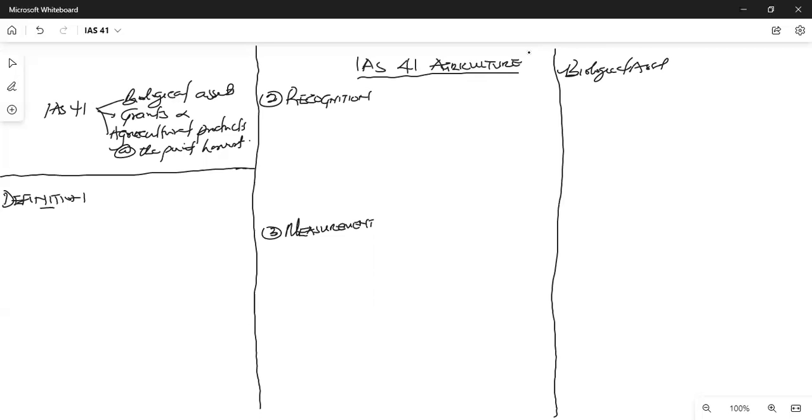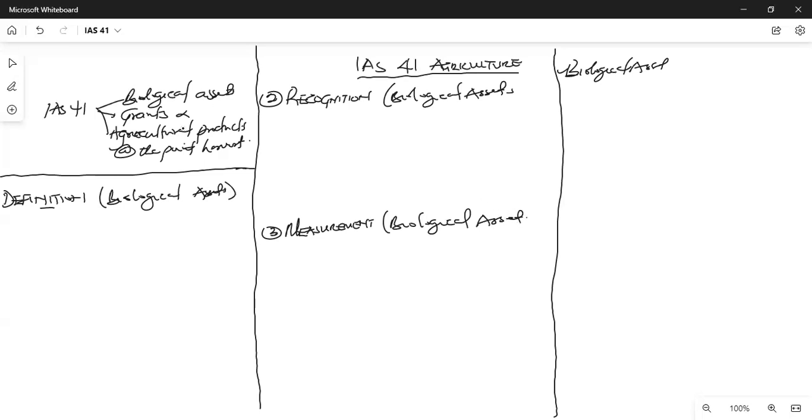Now, we say that IAS 41 is about agriculture, and what we are actually looking at in here is the biological asset. All right. So, what is the definition? We are talking about biological assets. Recognition, we are talking about biological assets. Measurement, we are still talking about biological assets. So that is what we are going to go through and look at.